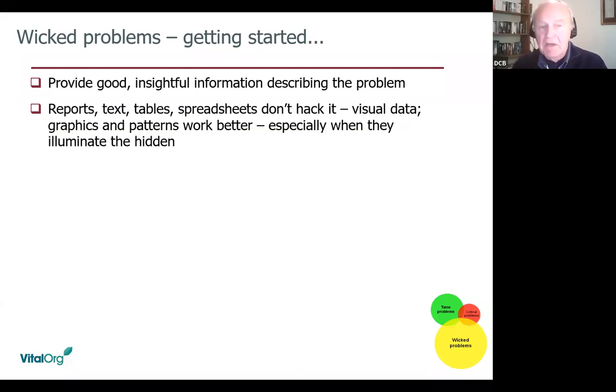But all our experience says that reports and text and tables and spreadsheets don't actually hack it. People don't relate to them. But visual data with graphics and patterns work better, especially when they start to understand some of the stuff that's previously been buried inside the organization.